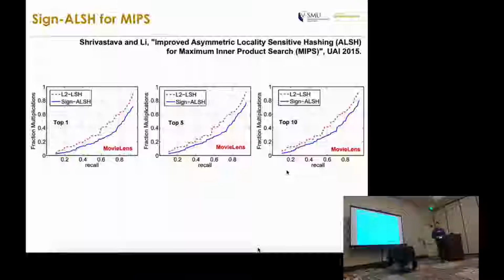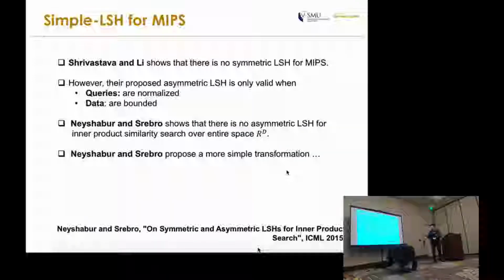But later, Neyshabur and others saw that there is an even simpler transformation to reduce maximum inner product search into nearest neighbor search and maximum cosine similarity search.